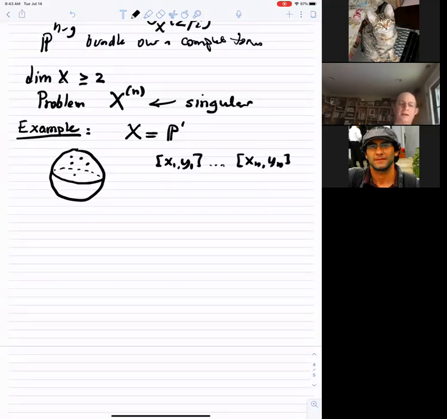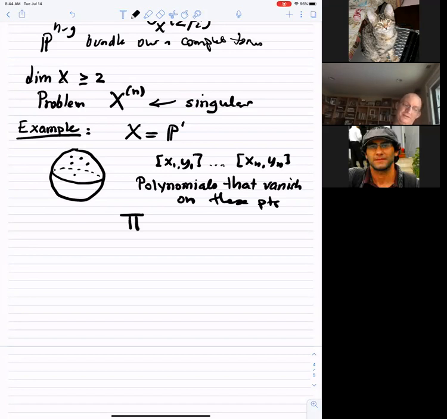Instead of thinking about the n points, I can think about the polynomials that vanish on these points. So you can write it like this. It's generated by this polynomial: x times yi minus y times xi, and I can take the product of these.